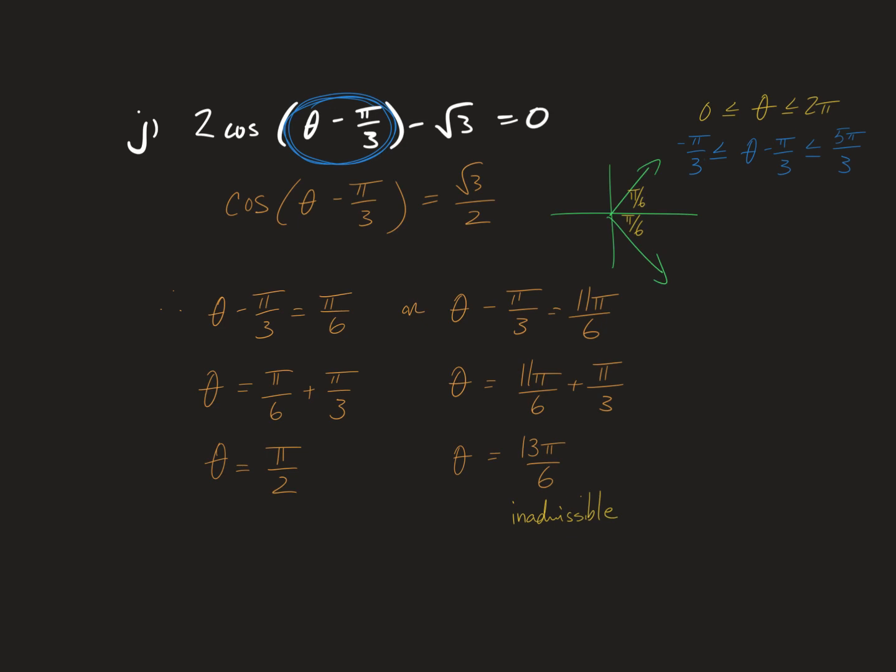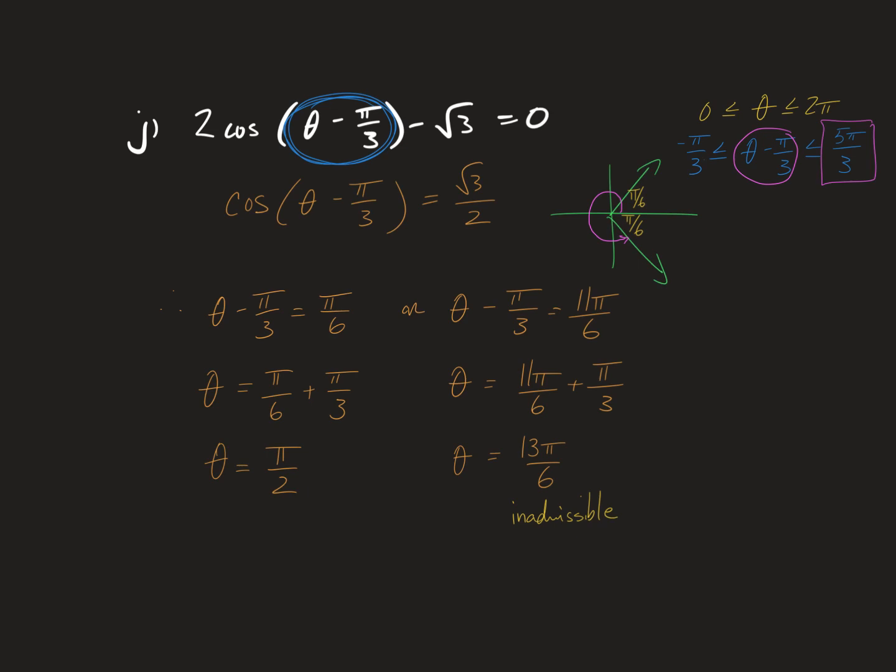Okay, what does that mean for my diagram? Well, if I take a look at my diagram and I just work with the green diagram for now, okay? And again, that's all I'm doing, working with the green diagram. Then for my restriction, my angle actually could go all the way up to 5 pi by 3. And what you'll notice is, for me to rotate around to that terminal arm, I will have gone past my restriction.